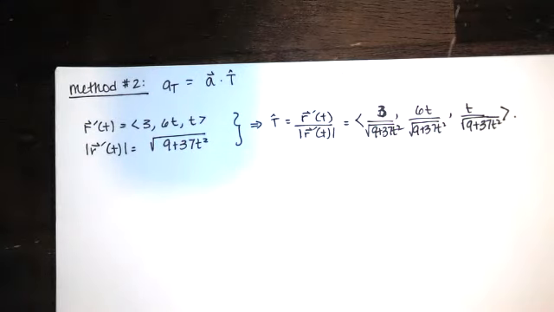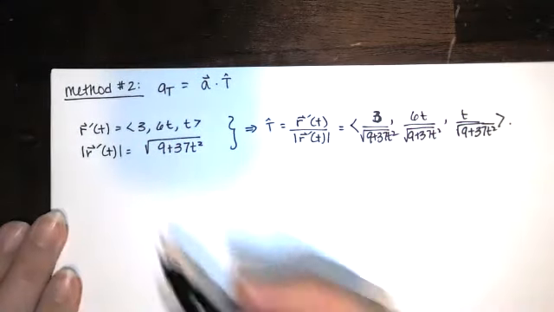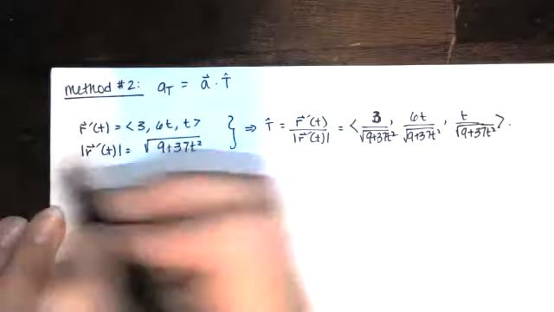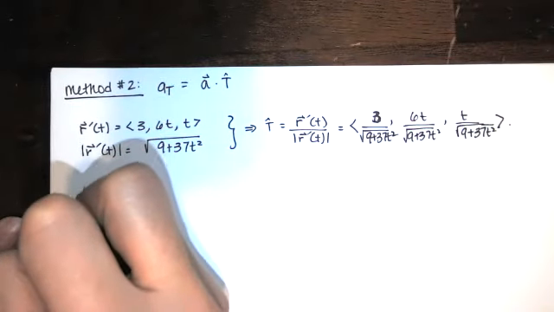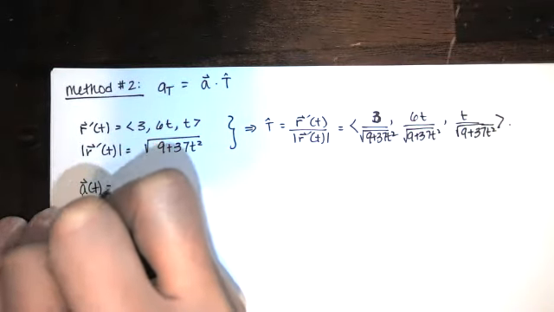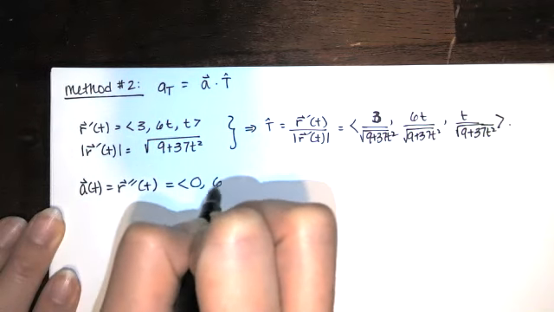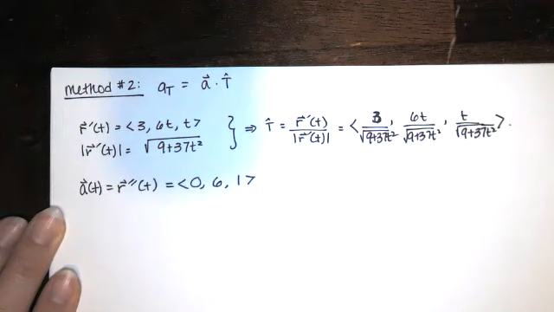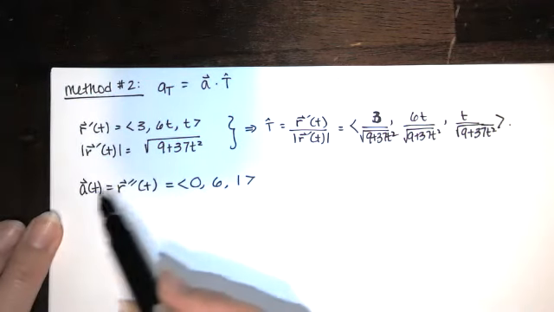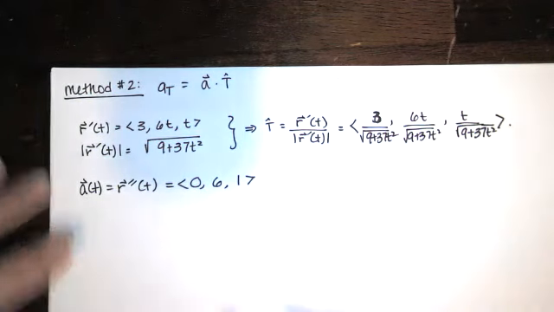That's your t hat. And we need to dot that with the acceleration vector. Velocity is the first derivative of position, acceleration is the second derivative of position. So you're just going to get 0, 6, and 1. So you're going to take the dot product of this vector with this vector.